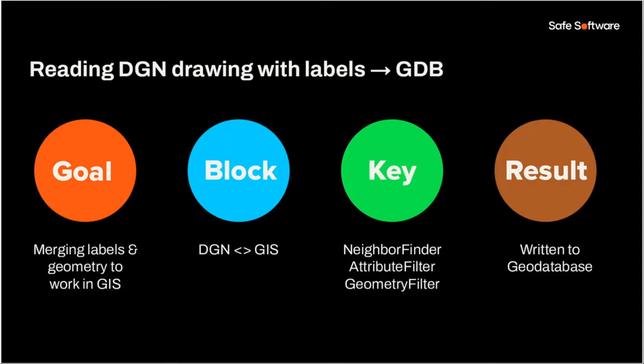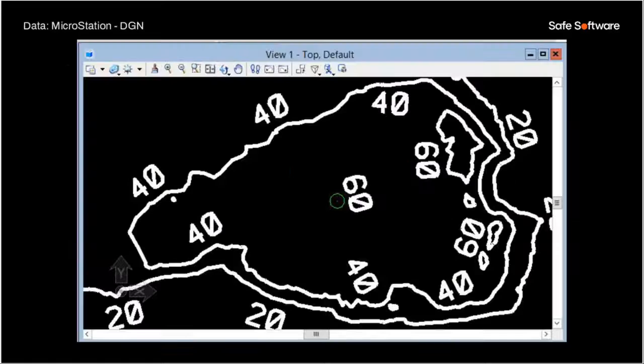And we are going to write to a geodatabase. So this is what the data looks like in MicroStation. We have some line geometry and labels next to the lines to say what the elevation is. We also have some points in green, and we will see that in the demo.